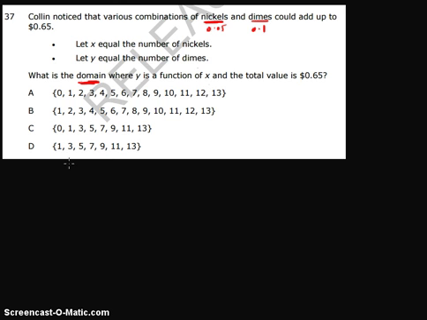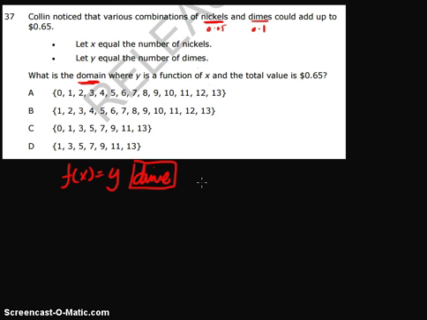So we are writing f of x is actually y in this case, meaning y is a function of x, which is dimes. So we're going to write the number of dimes in terms of the nickels to give us 65 cents, and the total value is 65. Ideally, we have the possible values of nickels.